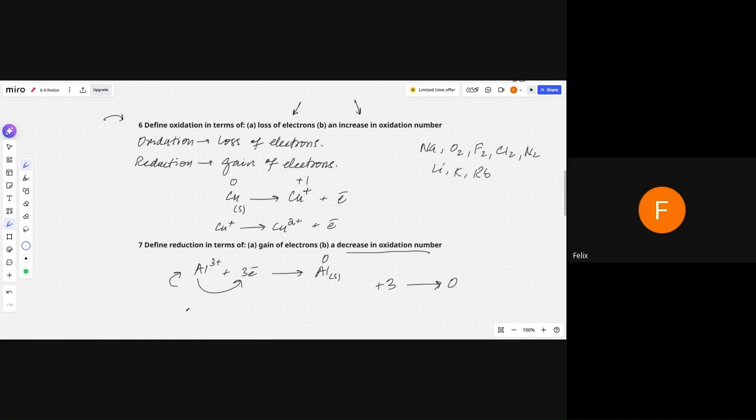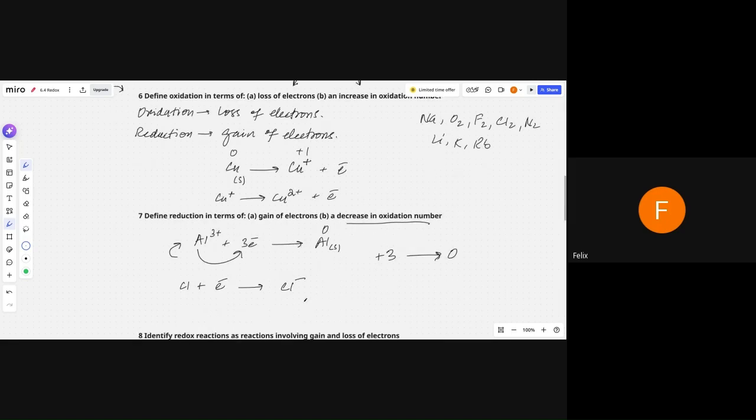Another example will be Cl plus e-, it changes into Cl-, right? So it gained an electron. Here, chlorine in its elemental state has an oxidation number of 0.